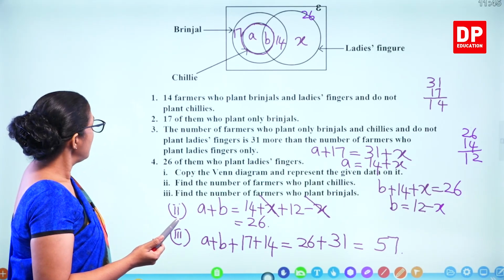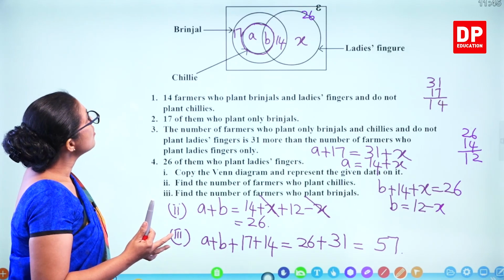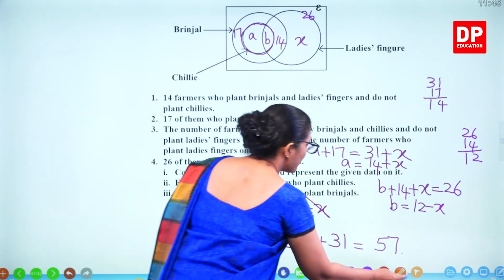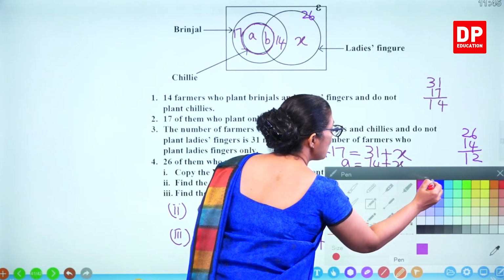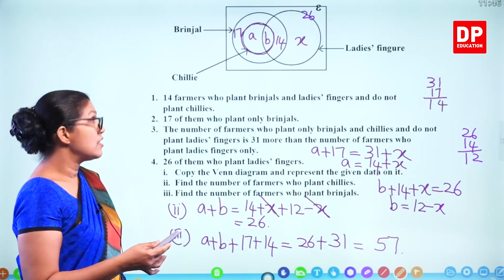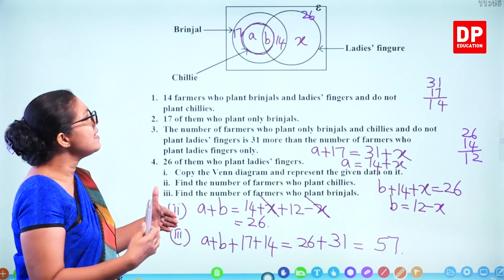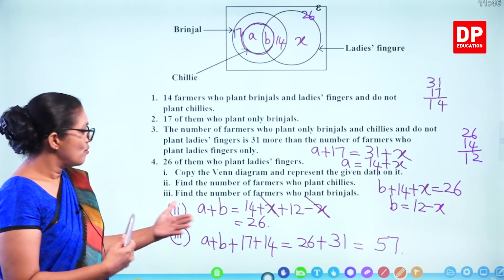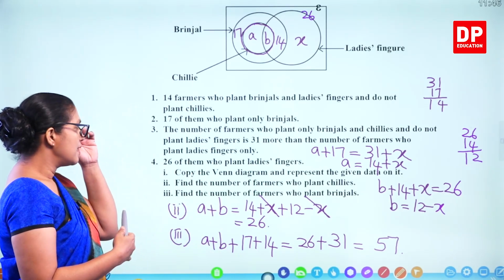So that's the answer. So we need to give marks. This is not like before. So here slightly different. You are not getting values in terms of variables and then cancel it out so that you can find the answers.